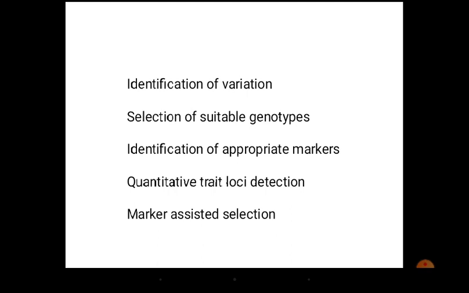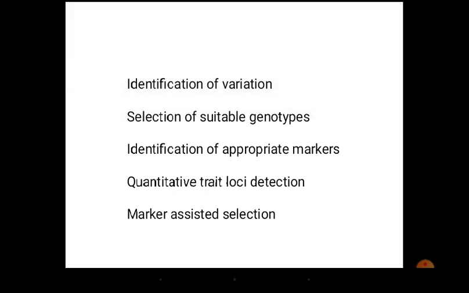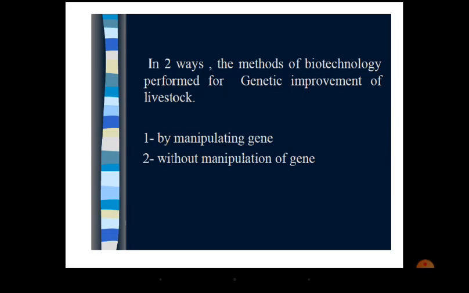So you can use any of these three: genes or alleles, or proteins or enzymes, as markers for selection of individuals or genotypes at an earlier stage of life. All these four or five will come under the interventions required by manipulating genes.